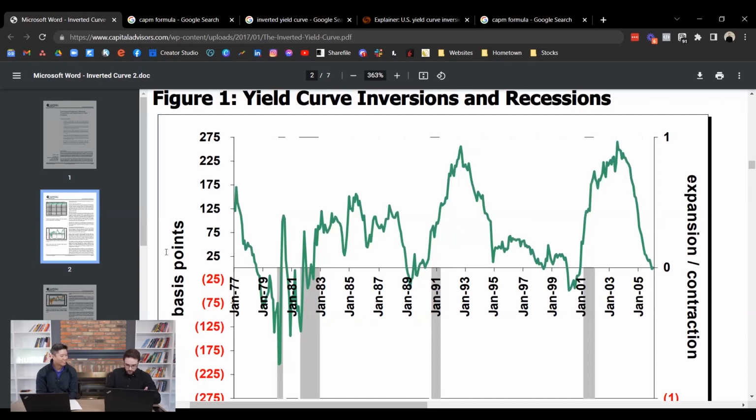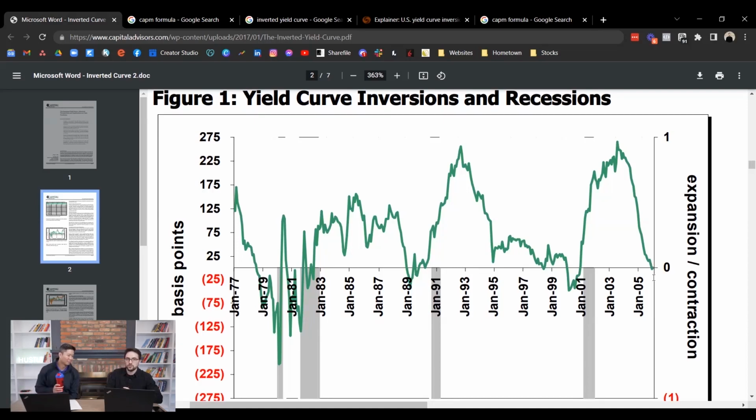What you see on your screen, this green line, is the spread between the 2 and the 10-year. It should be positive, whenever it dips below into negative territory. This chart is from 1977 up to 2007. At the very end of this chart, you can see it just starting to touch that 0 part and dipping below.